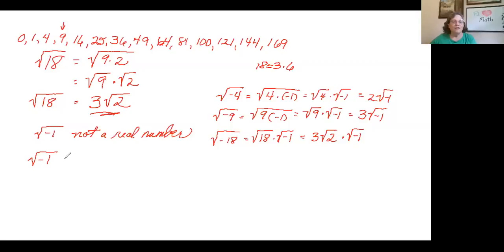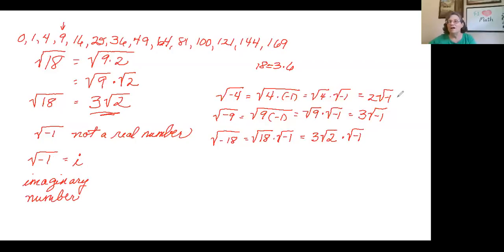So they decided that it was an imaginary number, and so they decided to call it i for imaginary. So just like pi always has an exact value, i always has the value the square root of -1.